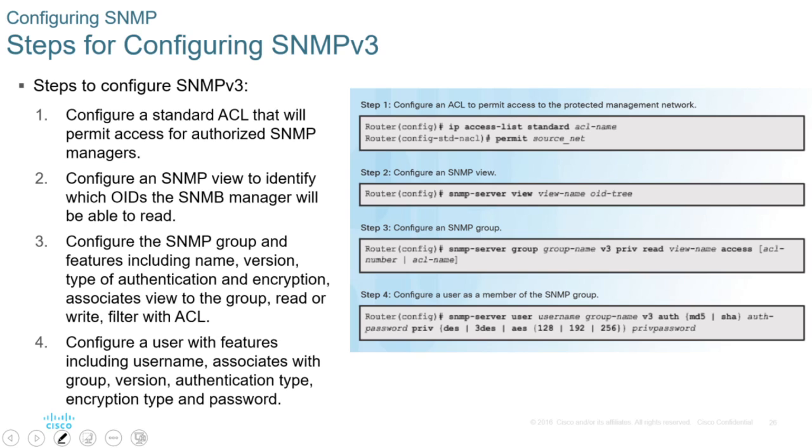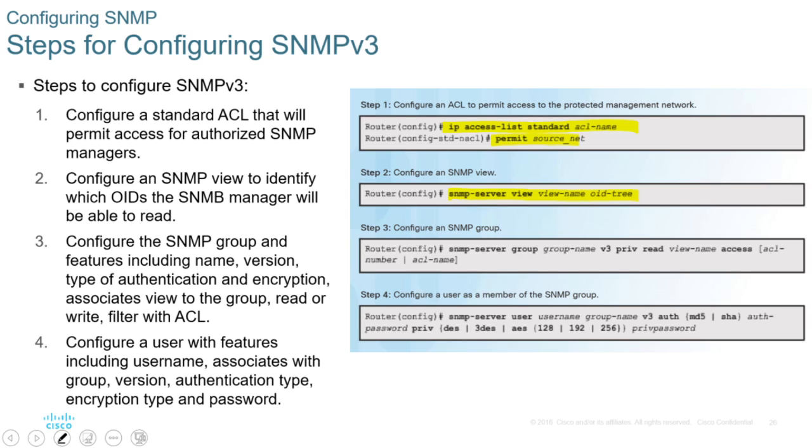If you want to configure SNMP v3, the approach is that we will set up an ACL. We will configure a standard ACL that will permit access only to the SNMP managers. Then we will configure the SNMP view to identify which OIDs the SNMP manager will be able to read.